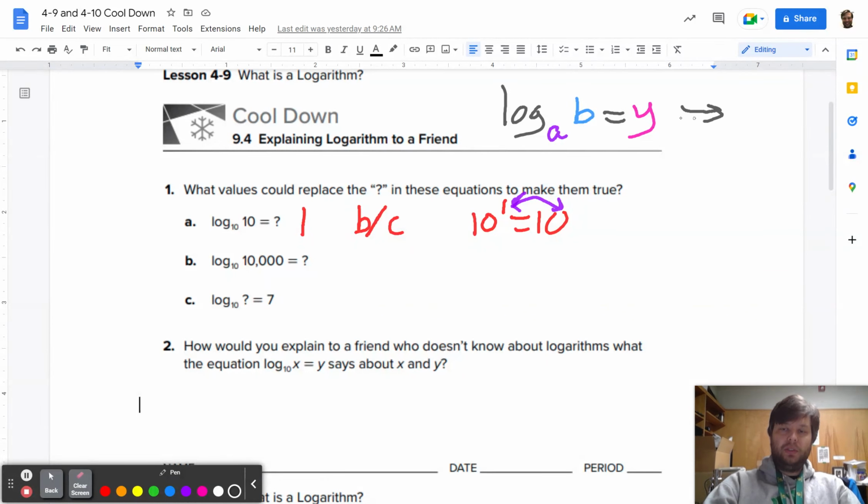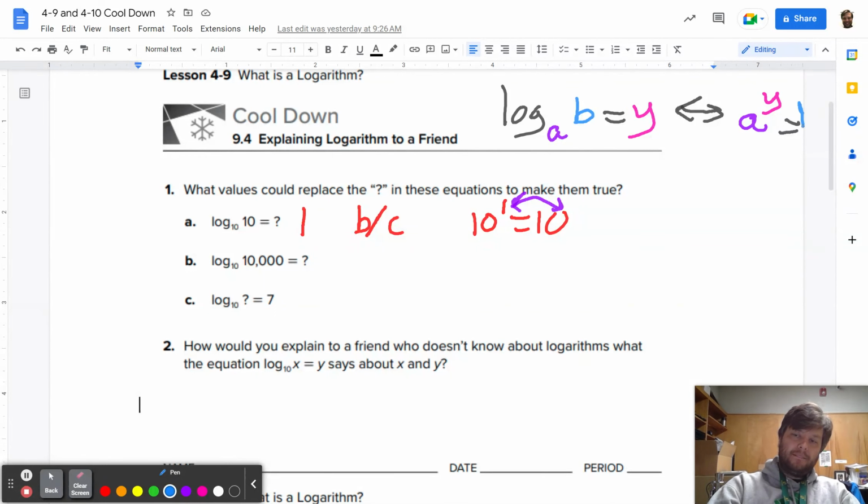Some people will draw a two-sided arrow like this. That's the same thing as if I keep the A on the bottom, but I switch the Y and the B. Those are the same thing.